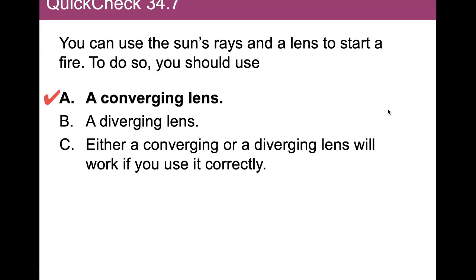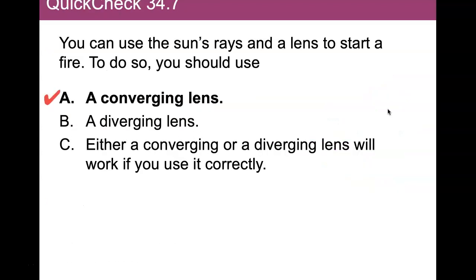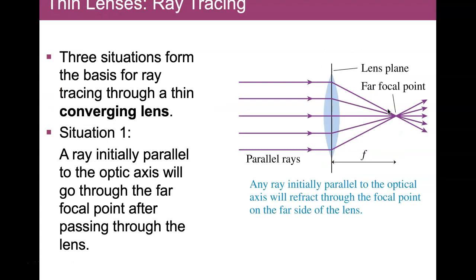So a converging lens does it. A diverging lens, no. I mean, at that focal point there is no physical light, right? It's a virtual image. So the rays just move away, and this point is not a physical point. You have to just imagine that these lines extend behind it. So yeah, the converging lens would do the trick.